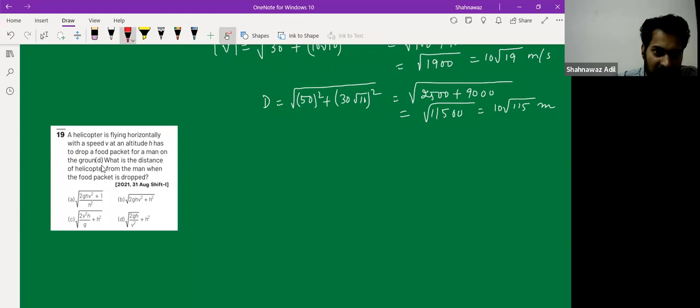What is the distance of helicopter from the man when the food packet is dropped? So they are asking about this distance. And they have given this distance. Okay, just calculate and tell me the answer.